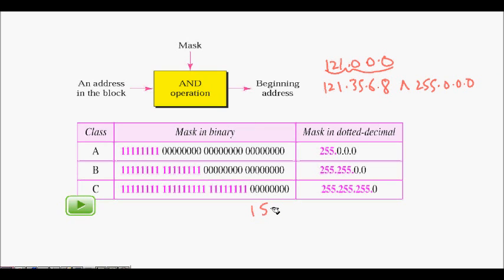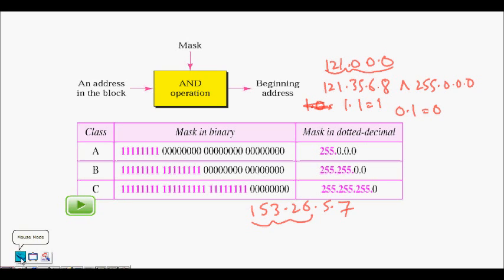If you have a class B address, for example 153.26.5.7, you AND it with the class B mask. The first 16 bits remain the same, because ANDing with 1 gives the same bit: 1 AND 1 is 1, and 0 AND 1 is 0.